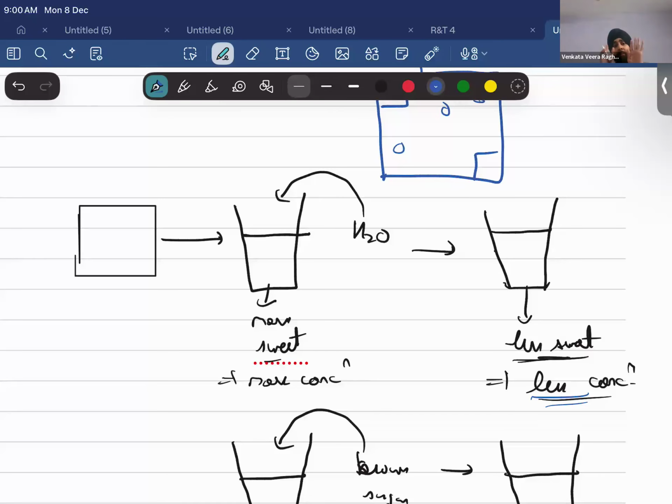That means my concentration is linked with the amount of solute and the amount of solvent as well. It is linked to both. If I increase the amount of solute, my concentration also increases. But if I increase the amount of solvent, my concentration falls.